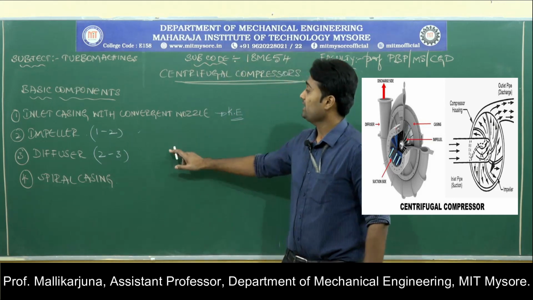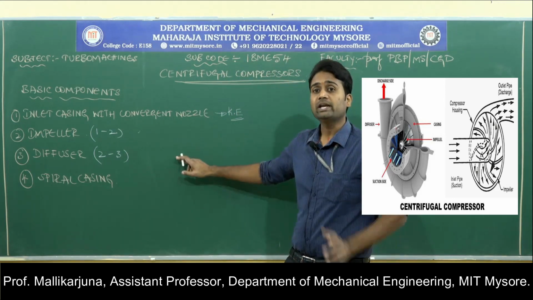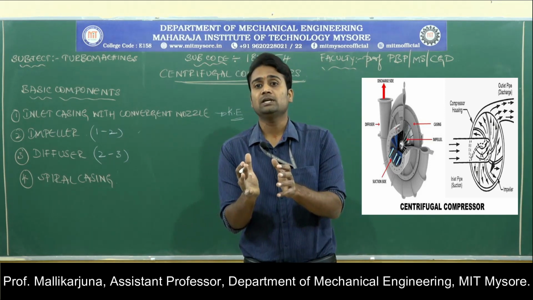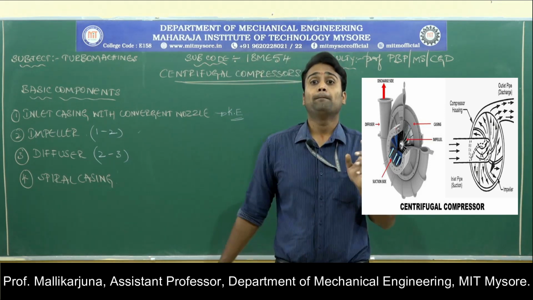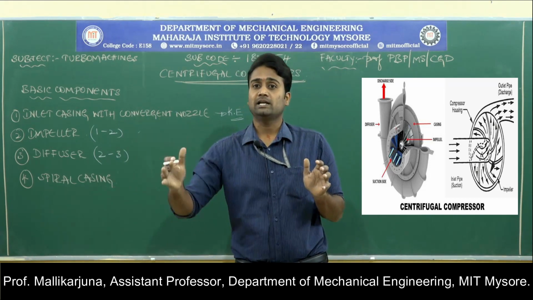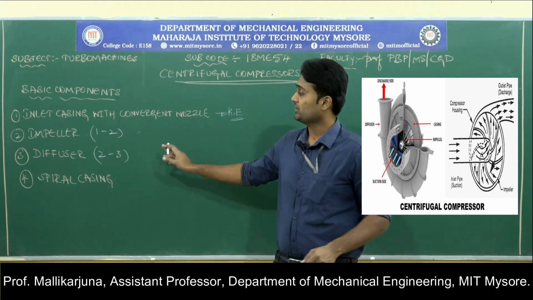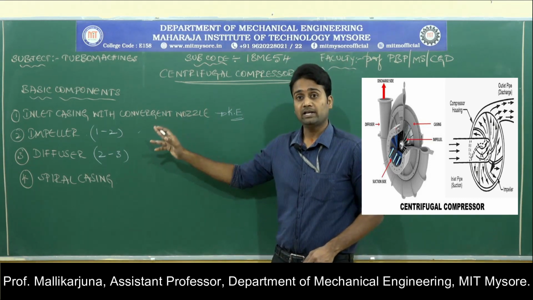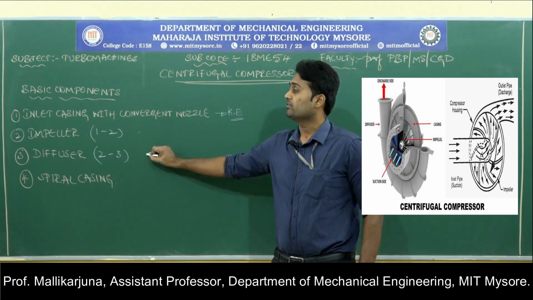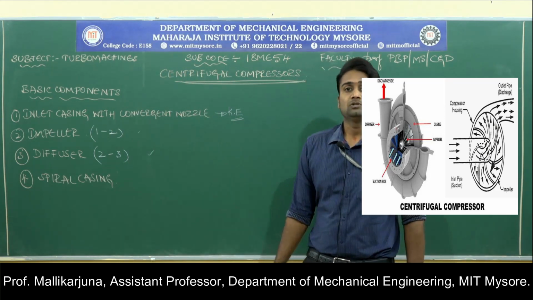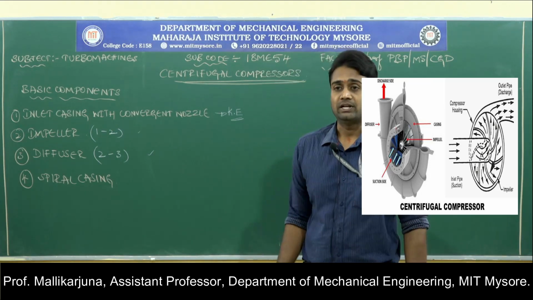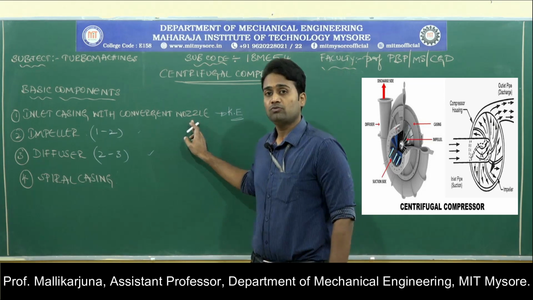If the fluid is carrying a certain amount of velocity at the exit, then in order to regain that kinetic energy and convert it into pressure energy, whatever energy is going into the exit as kinetic energy needs to be converted into pressure energy. In order to convert that kinetic energy into pressure energy at the exit portion, we need a device called a diffuser. So the diffuser's function is to convert kinetic energy into pressure energy, which is the opposite of the nozzle.